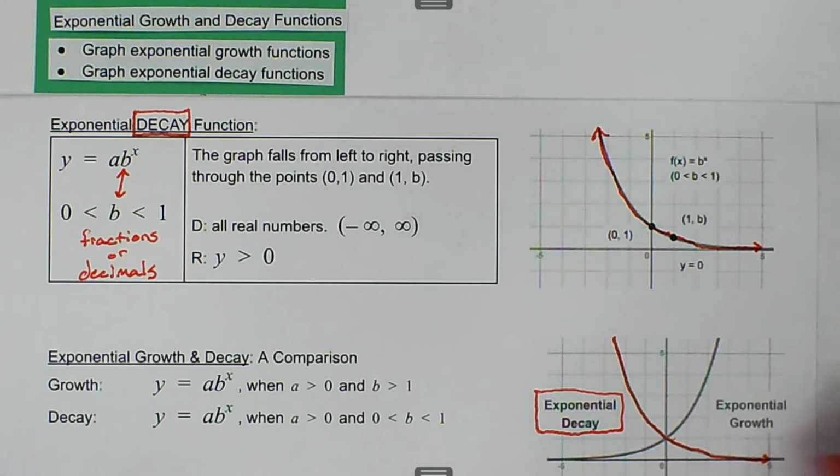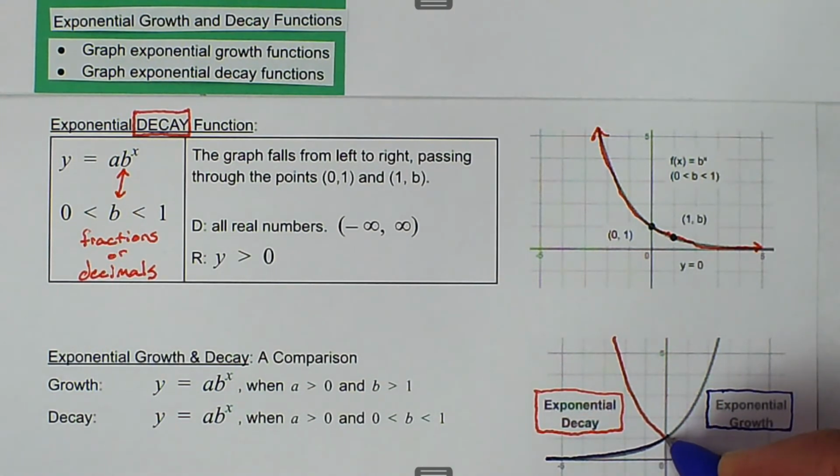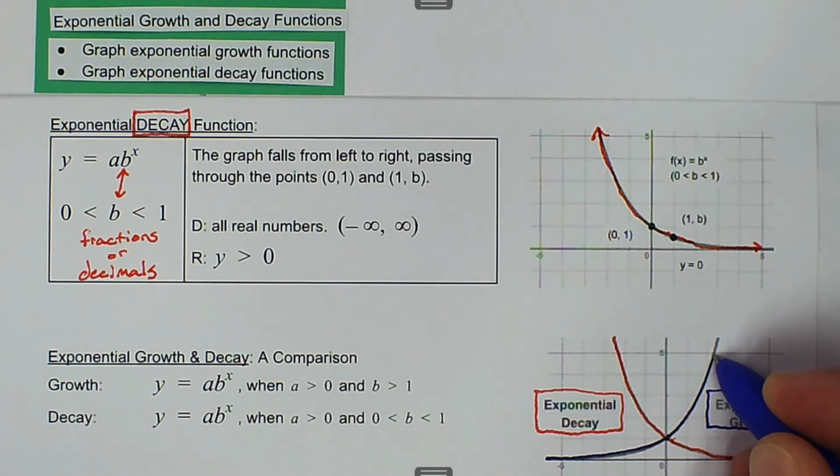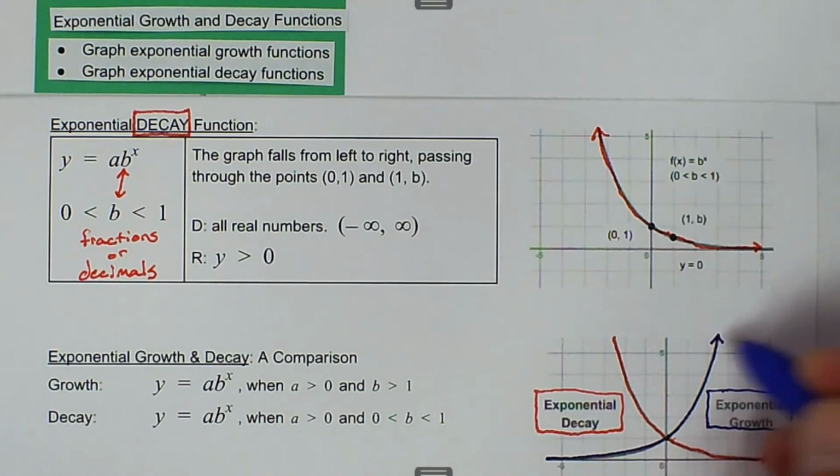We're going to get closer to 0, but we're never going to cross it. Exponential growth, that is going to be a graph that's going to start very close to 0, and then it's going to continue to rise, and it's going to increase faster and faster as we go further to the right.